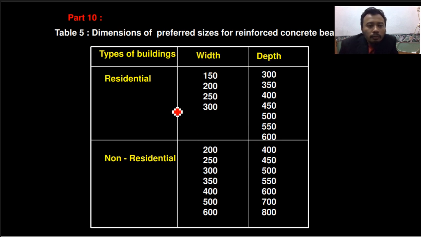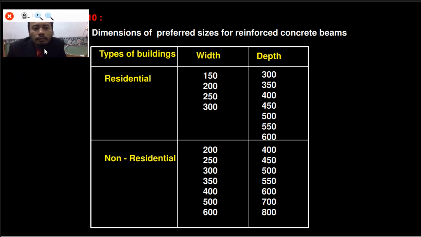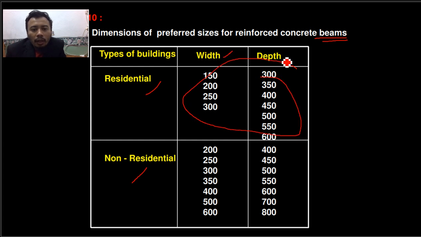Part 10 also specifies that your dimension for concrete beams is subject to the type of building, whether it is residential or non-residential, such as a factory. So this is the recommended sizing, your width and your depth.